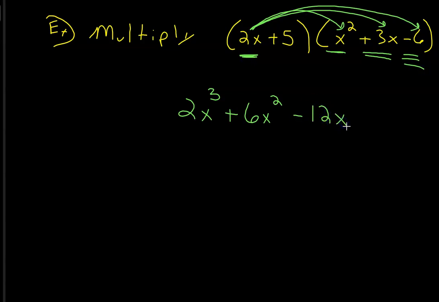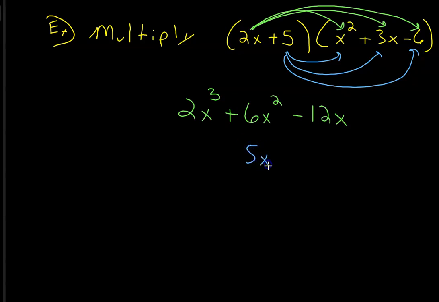And then from there, you're going to distribute the 5. So let's get rid of this. And we're going to distribute now the 5 to each term. So I'm going to take the 5 and distribute to the x squared, and then 5 times the 3x, and then 5 times the negative 6. So 5 times x squared, I got a feeling it's going to line up with this one. It's going to be like terms with that one, so I'm going to put it right underneath it.